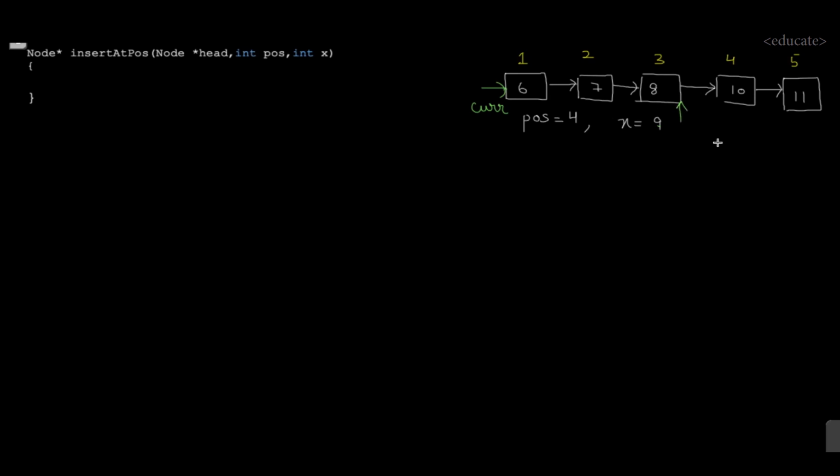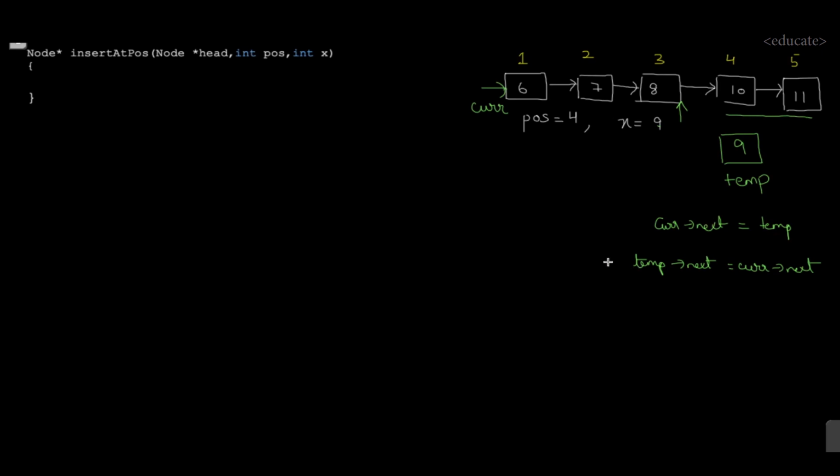So let's see. First, you will allocate new memory to the node having data value 9. Now how do we change the links? Here we have two options: current of next equals temp, or temp of next equals current of next. If you change current of next equals temp first, then you will lose track of the remaining linked list.